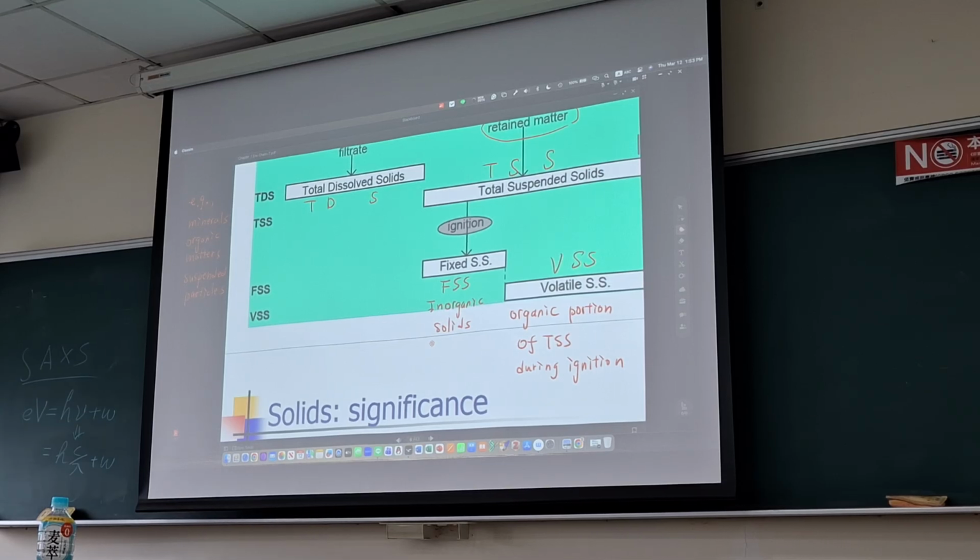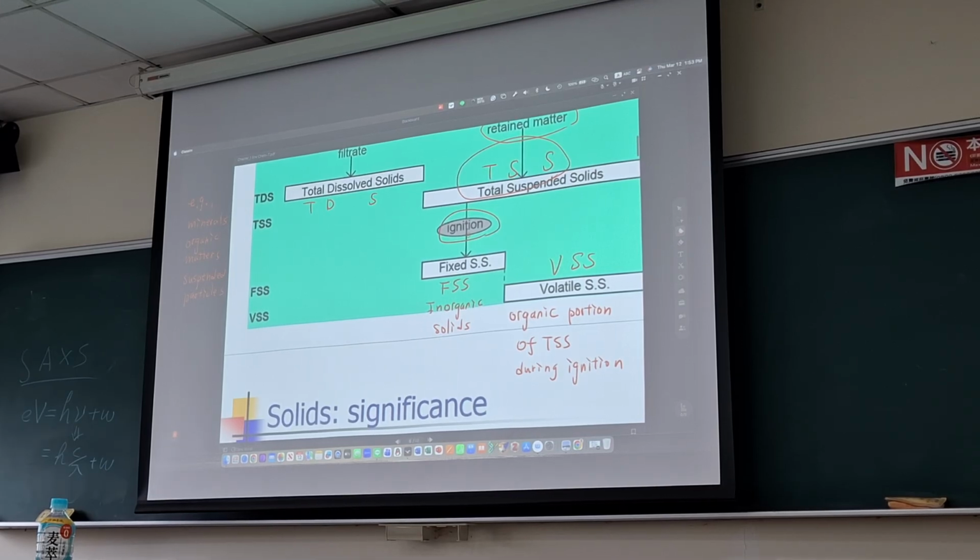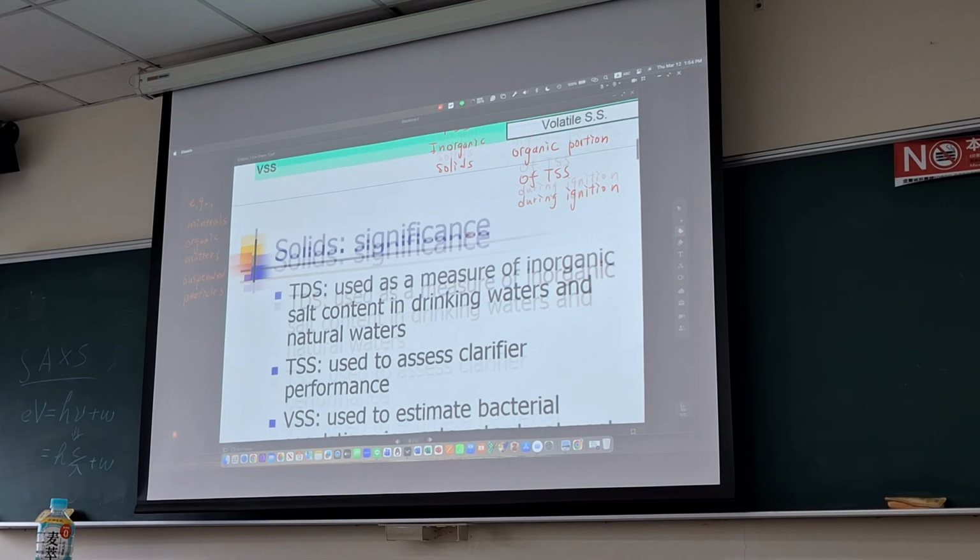The part that easily evaporates, normally organic matter, we call VSS. And the remaining solid, not easily evaporated, we call fixed SS, FSS, normally inorganic solids. Everyone okay? Not very difficult to understand, right?